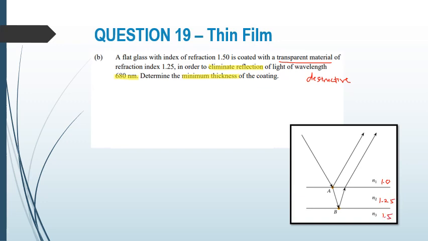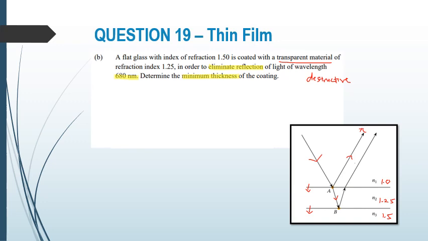So what happens right here? Now I have an incident light ray when it hits point A. So it is from less dense towards denser medium, so the reflected ray undergoes pi radian phase change. And as the light keeps moving and hits point B at the second layer, the light is still traveling from less dense towards denser medium.